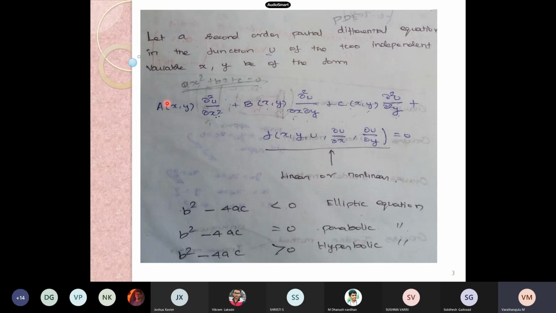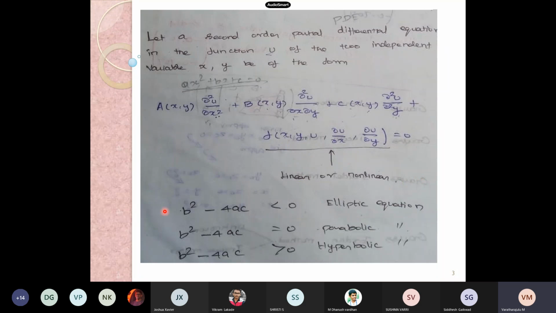So a of x comma y into dou square u by dou x square plus b of x comma y, dou square u by dou x dou y plus c of x comma y, dou square u by dou y square plus f of x comma y comma u comma dou u by dou x comma dou u by dou y is equal to 0. Whether this function is linear or non-linear is our concern.